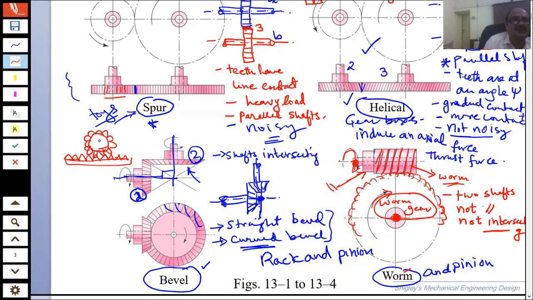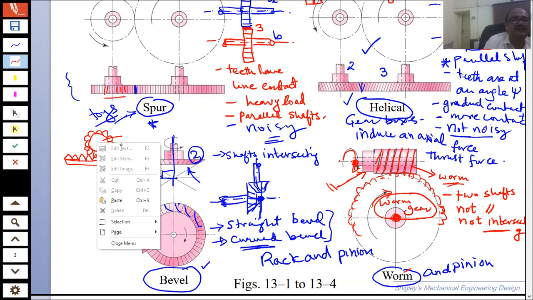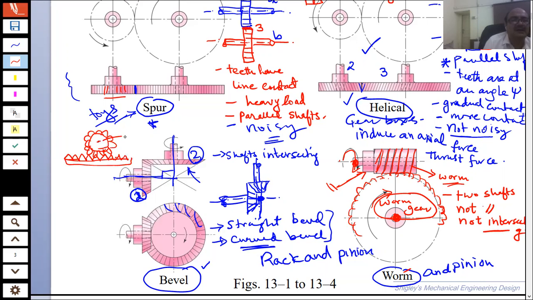So this is called the pinion, and this one is the rack. Now, if you rotate this gear, what is going to happen to the rack? The rack will move, will do some translation. So moving this in both directions will do translation.